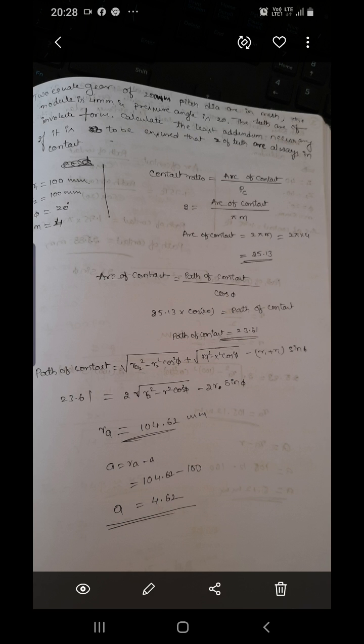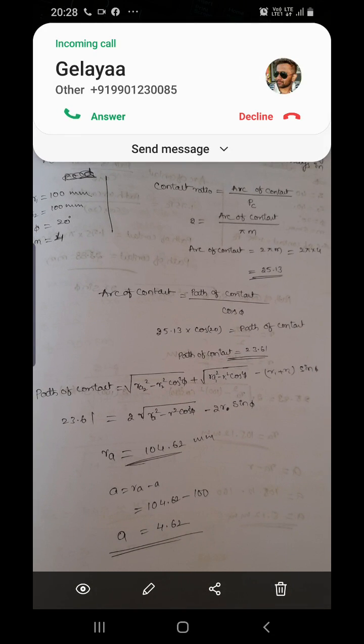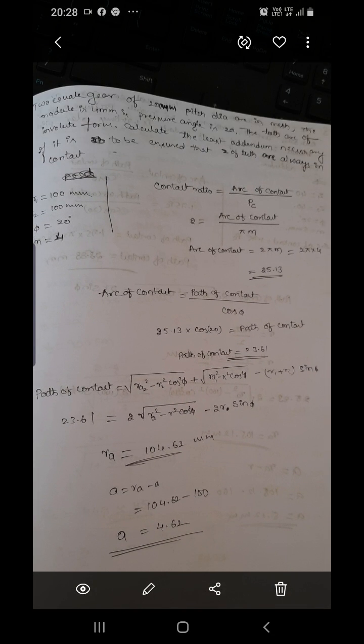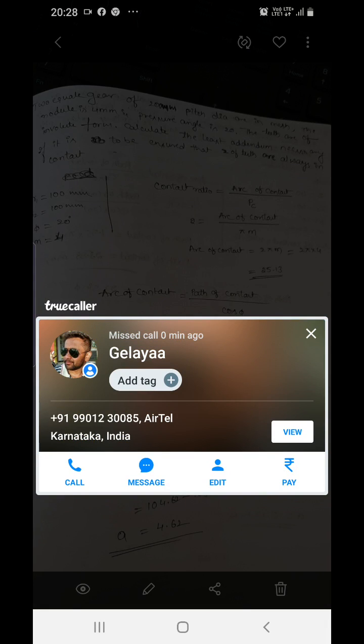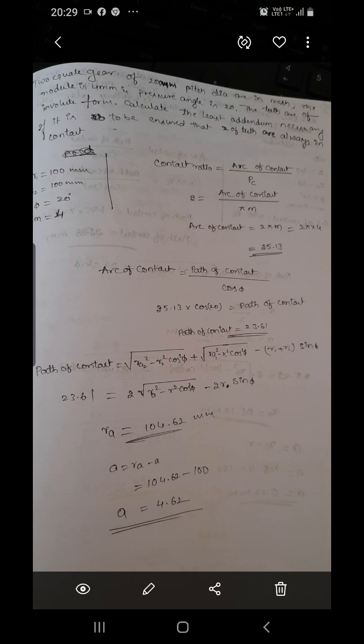The data specified in the problem is very minimal. It specifies two equal gears. Equal gears means both the driver and the driven have the same size. So we take R1 equal to R2, where R stands for pitch circle radius, that is 100 millimeter. One more data is the pressure angle, which we call phi, and the teeth are in involute form.